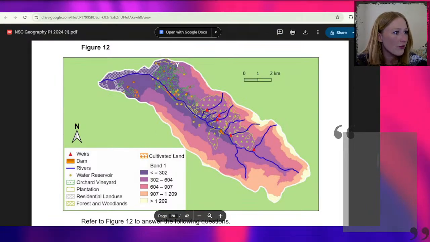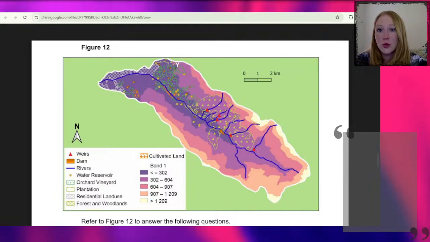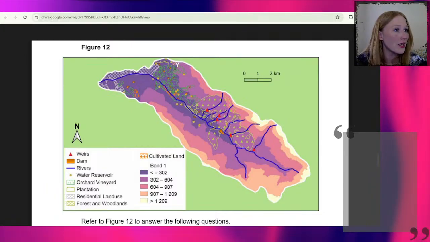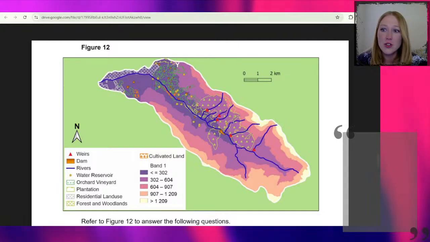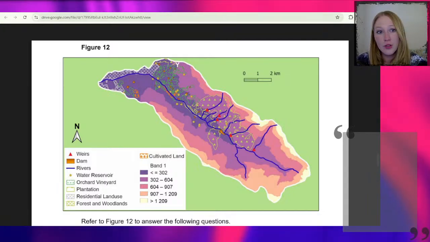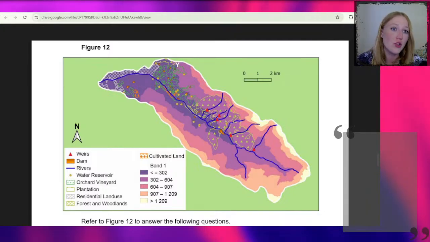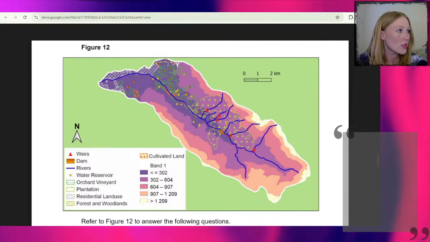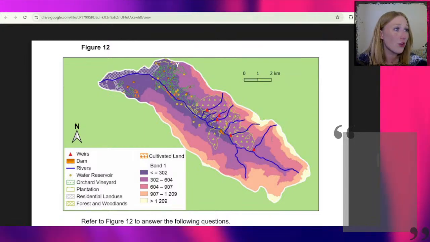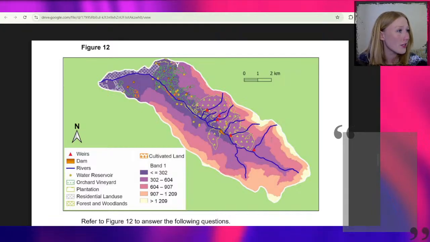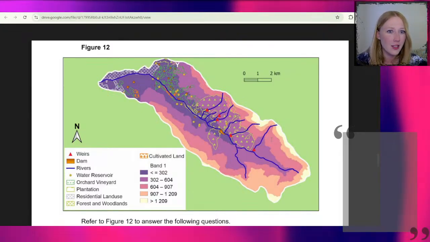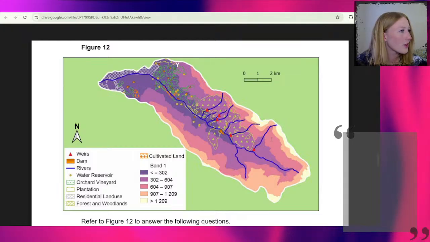We have reservoirs, so we have a lot of vegetation, a lot of agriculture happening, and that would probably reduce surface runoff. The vegetation would take up a lot of the water, and the roots of the actual plants would also slow down the water flowing towards the river. There are not a lot of tributaries, so to me that says there's less surface runoff.